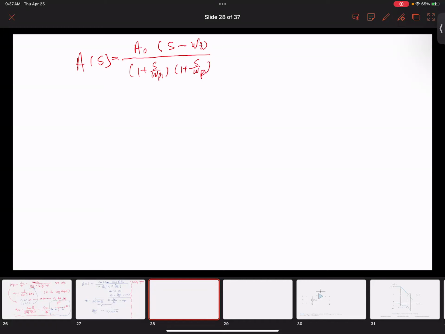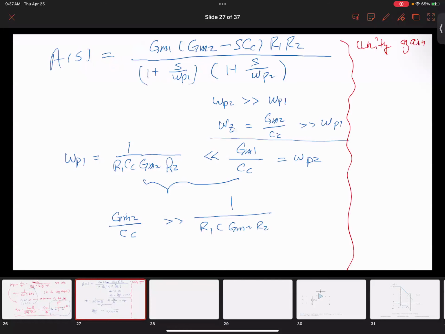That's your transfer function. And from here we can also get A0. We remember we got the middle band gain already last lecture.